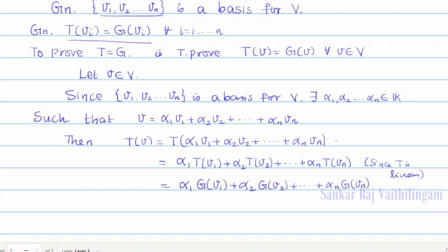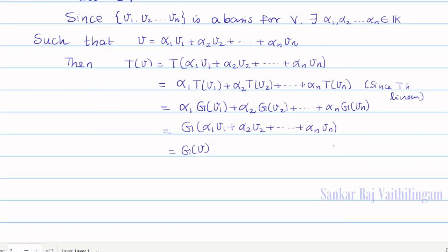Since G is linear, this we can write as G of alpha 1 V1 plus alpha 2 V2 plus ... plus alpha n Vn. But this is equal to what? This is equal to G of V.